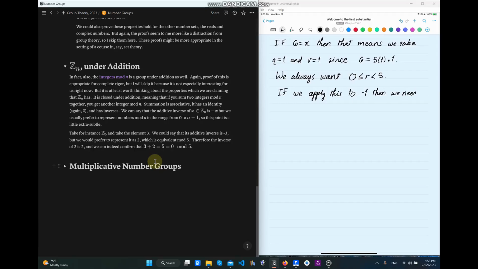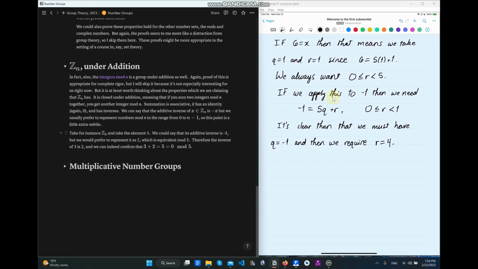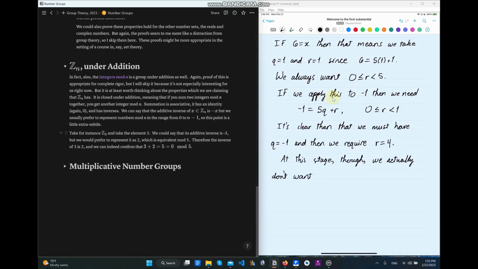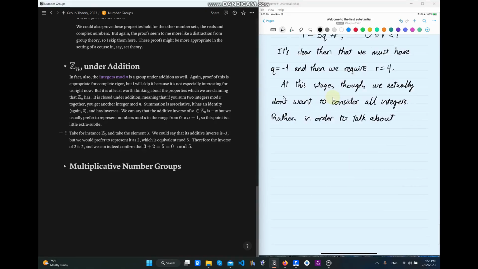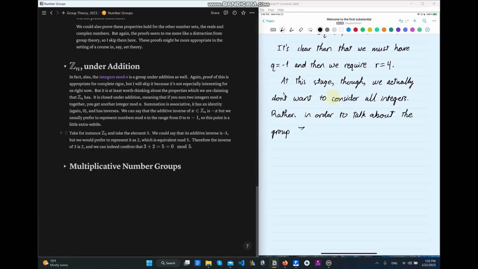We always want the remainder to be between 0 and 5. So if we now apply this to the case of negative 1, then it's clear that we're going to have to take q equal to negative 1, and then we require that r is equal to 4.